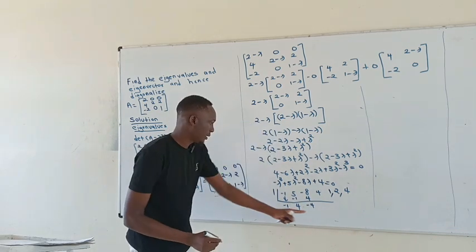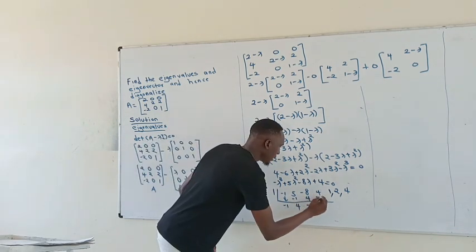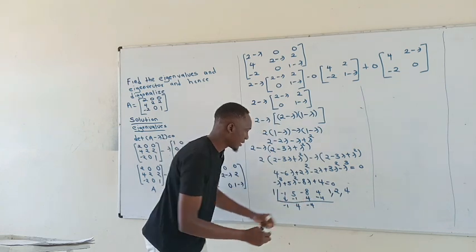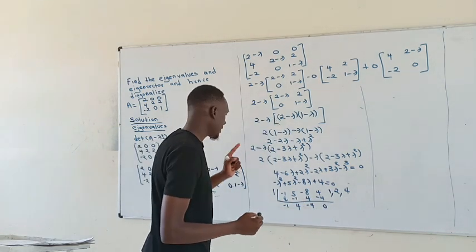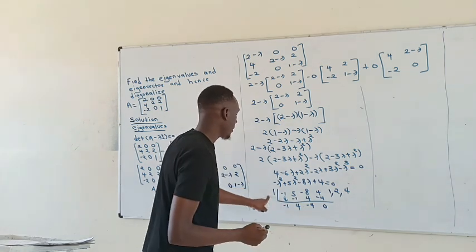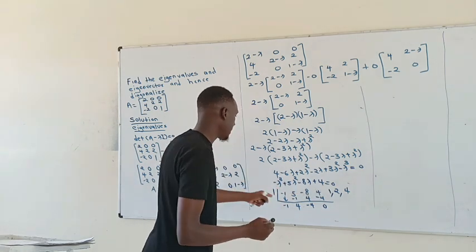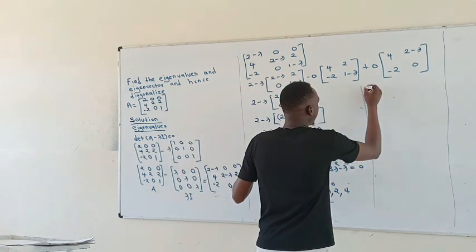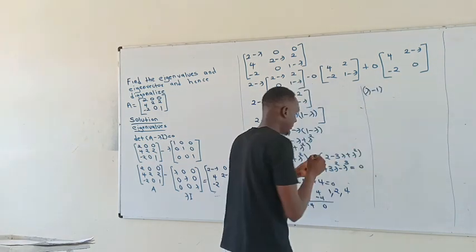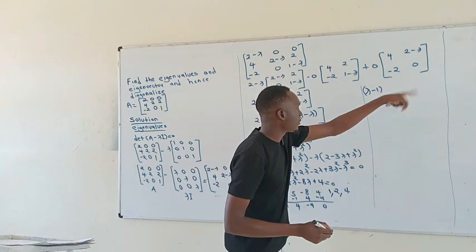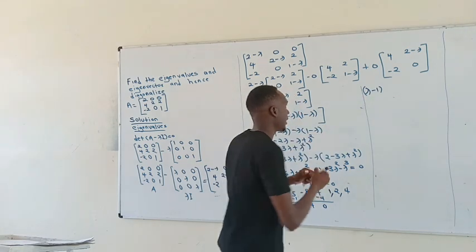Then you have 1 times minus 4 is minus 4. 4 plus minus 4 is 0. So we realize that our first lambda is 1, because when you get 1, it will give us 0. So we have lambda minus 1. Since our first lambda is 1, lambda minus 1 is equal to 0, therefore lambda is equal to 1.